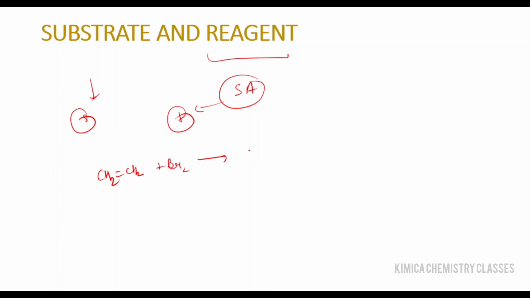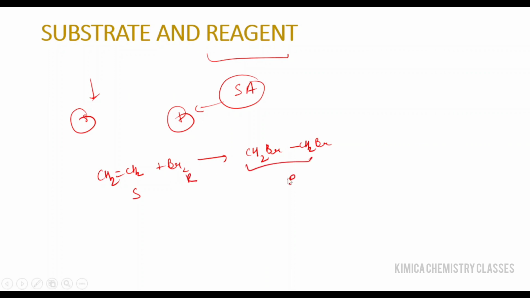In this reaction, we are adding a reagent to a substrate and get our desired product, like this. This is the substrate, this is the reagent, and we get our desired product, right?